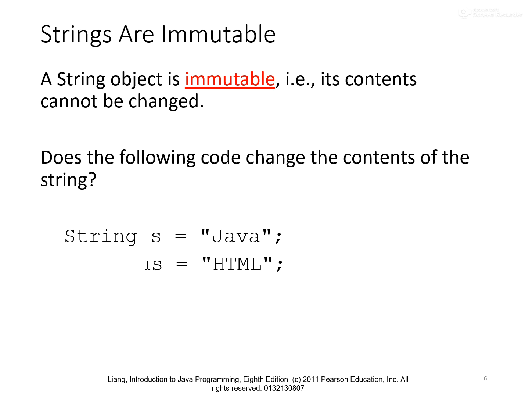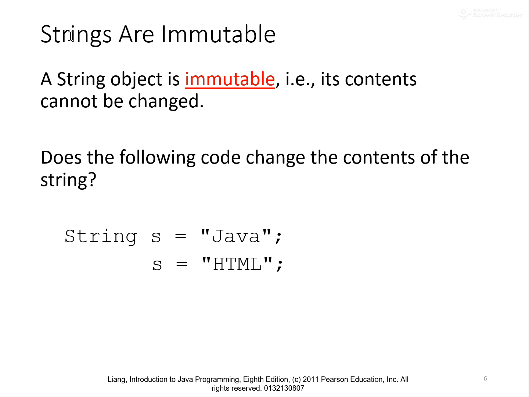And in the second line, it seems like I'm assigning a new string, HTML, to that same string S. Now, it looks like we are actually changing the contents of the string object S.